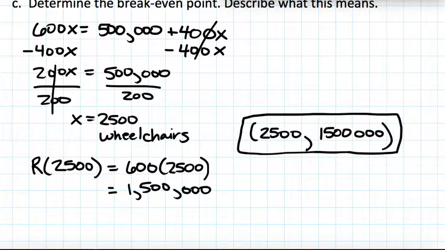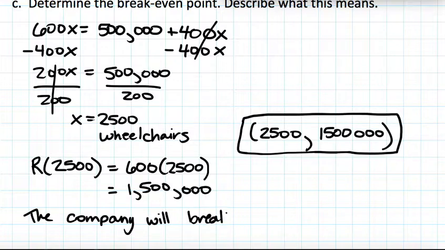Now, in terms of describing what this means, the company will break even if they make and sell 2,500 wheelchairs.